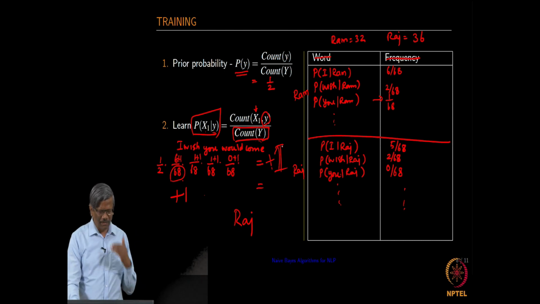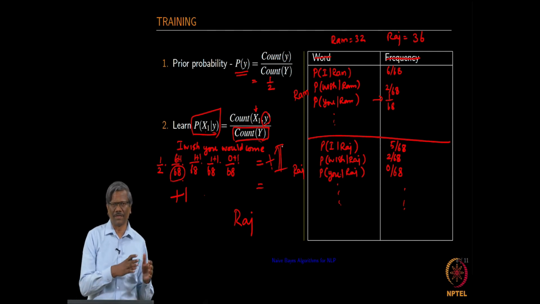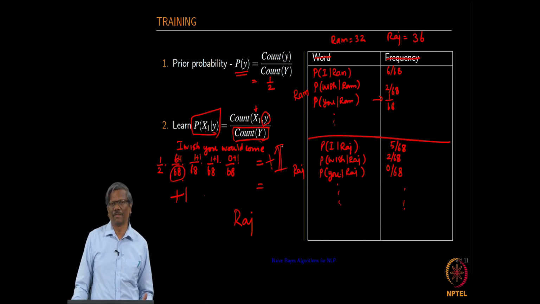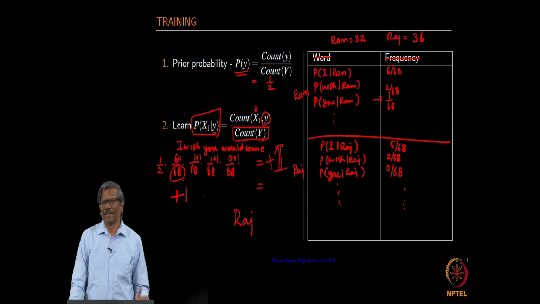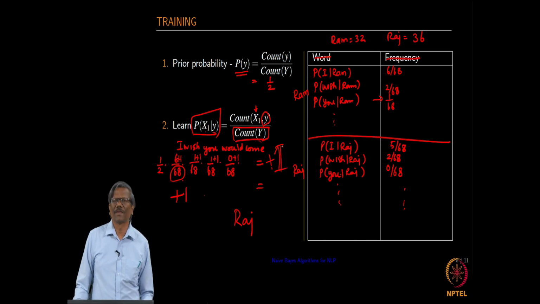So, that is why we always keep looking at the content before we really extract parameters, whether it is the probability based approach or neural net based approach. It is very important for you to have a good handle on the data. Okay. And then it is also very important for you to find out what kind of parameters you want to use for any problem that you may encounter in natural language processing.